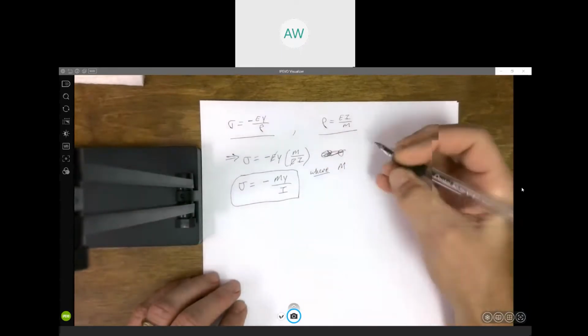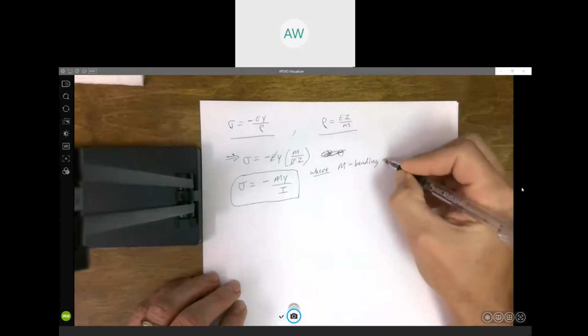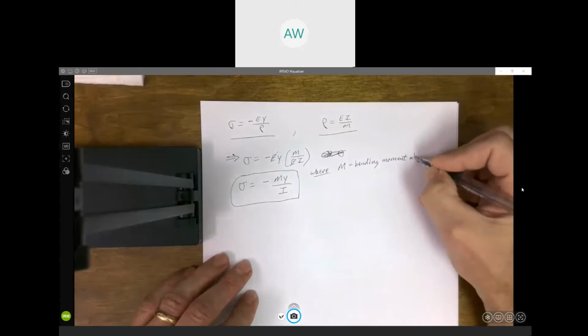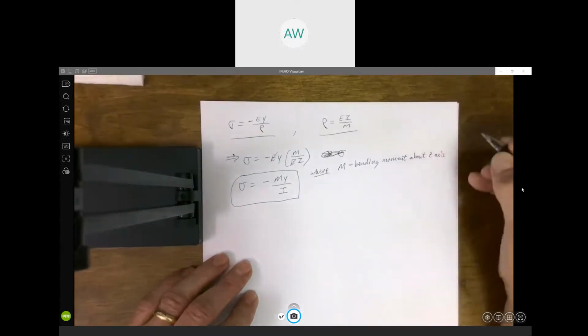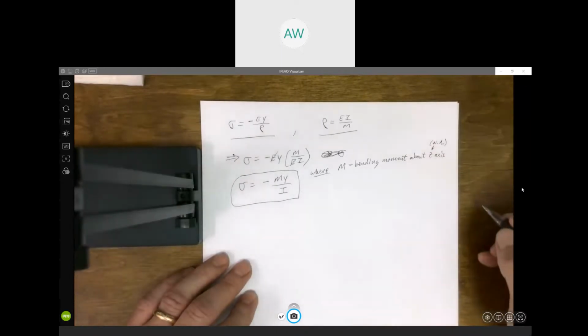All right, but let me write some of this out here just to make sure there's no confusion. M is the bending moment about the z-axis, which remember is our neutral axis. Those two coincide.